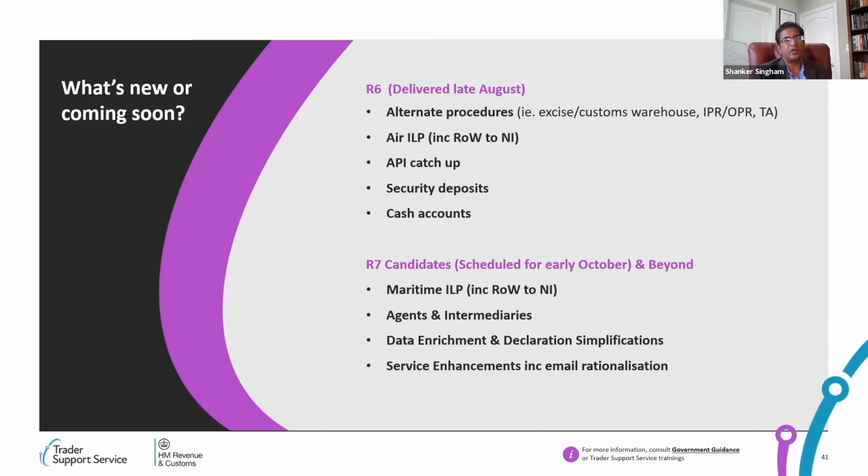And I think what a lot of traders and agents would rather have is their own accounts on TSS, so that the agent can handle everything and the trader doesn't need to be disturbed. And then we've got various data enrichment and declaration simplifications. Email rationalization is one of the service enhancements, because obviously we're very conscious at TSS that we send you a lot of email, and rationalizing that so you only get the ones you need to see is a service enhancement that will be going on there. And if we go to the next slide.